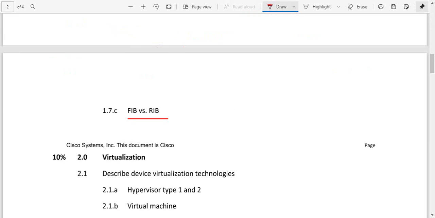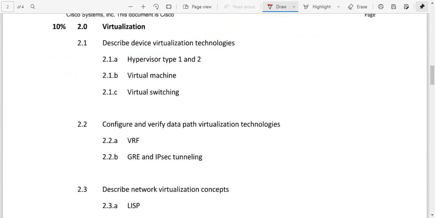You have to know all these things for 15% of the questions to be answered. The next 10 percent of the questions is virtualization. So you have to describe the device virtualization techniques, like hypervisor type 1, type 2, virtual machine, and virtual switching.